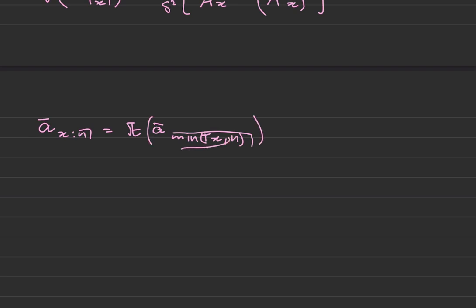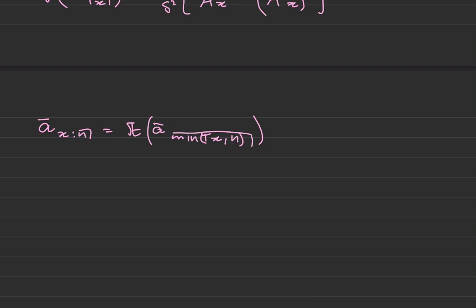Okay, now why the min of Tx and n? Because if this person dies within n years, I'll only pay them up until that point that they died. So I'll be choosing Tx as opposed to choosing n. But if they survive longer than n years, then I'm only going to pay them up until n years. And I have that bar there because it's continuous.